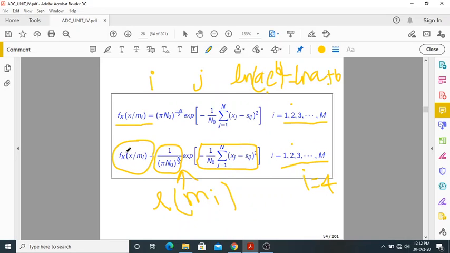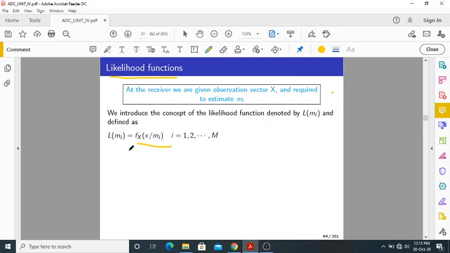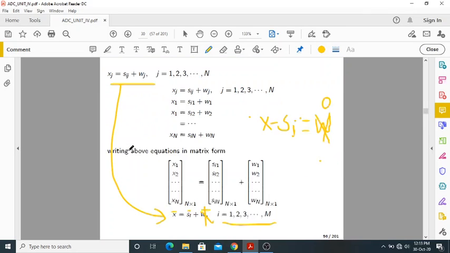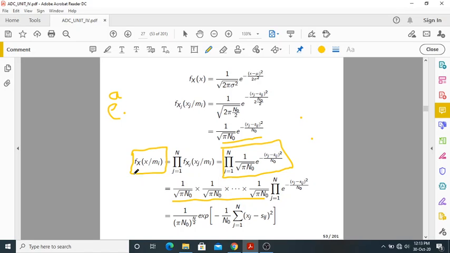So that is ML rule. Nothing more than that. What is ML rule? Maximum likelihood rule. We are finding the maximum likelihood function. What is likelihood function? That is the natural logarithm of this conditional PDF. So if PDF is maximum, the natural logarithm of that PDF will also be maximum.